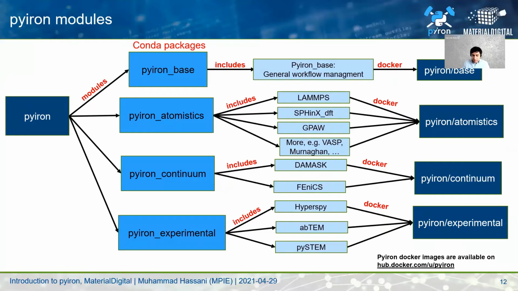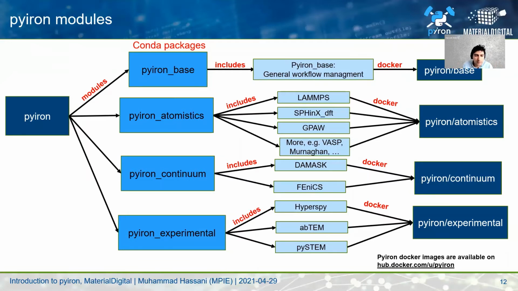Pyiron, as I mentioned, has a modular structure. This was already explained in Tillmann's talk, so I briefly mention it here as well. All modules have their own Conda packages, so that you are not obliged to install all the modules.